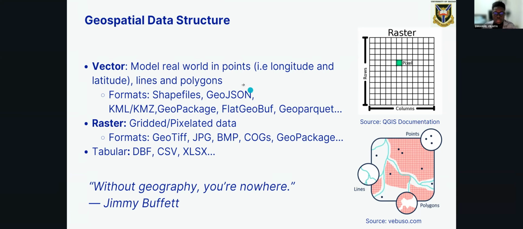If you want to represent a line, you don't just draw a line. Even if you draw a line, at the end of the day, the line still comprises several points, but this time they are connected. We call them nodes or vertices in GIS. So what you just need to know is that vector data sets are used to model the real world, because this is the only way we can analyze this information in the GIS environment.